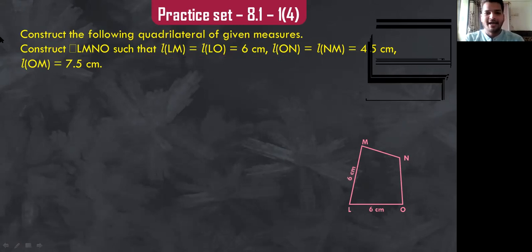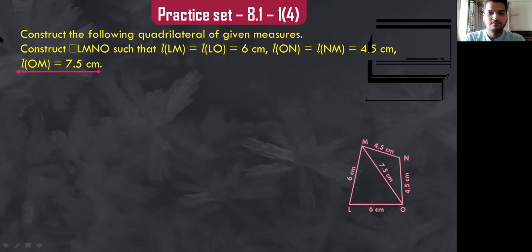Length of ON is equal to length of NM is equal to 4.5 centimeters. Now if you observe the last pearl, length of OM is not drawn. So we'll draw first OM here by joining points O and M, we get 7.5 centimeters.